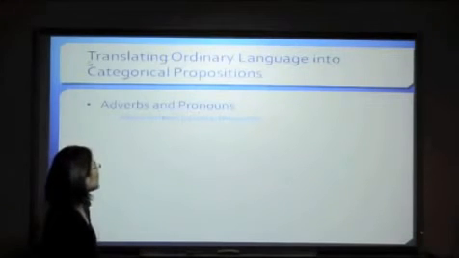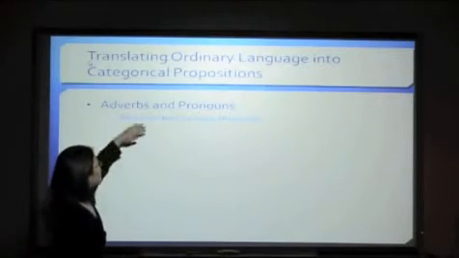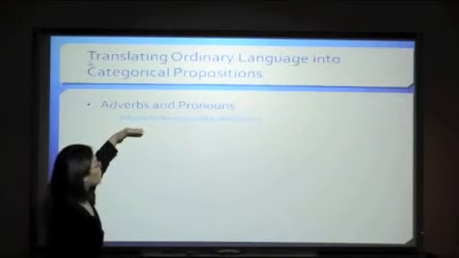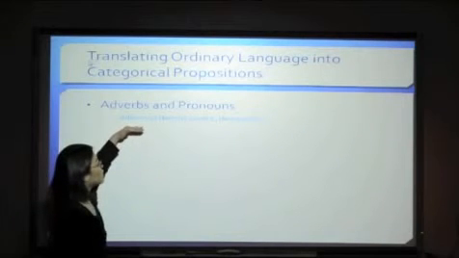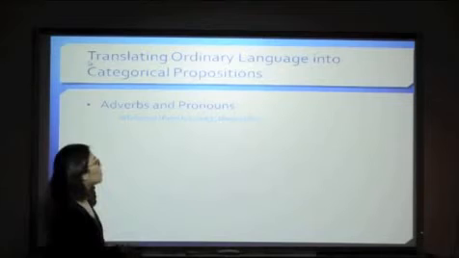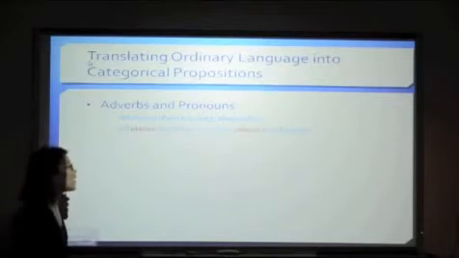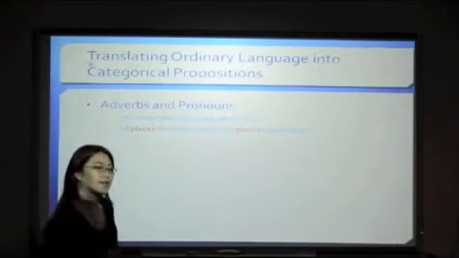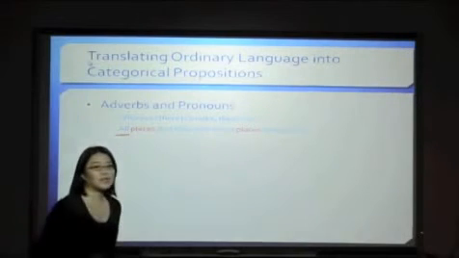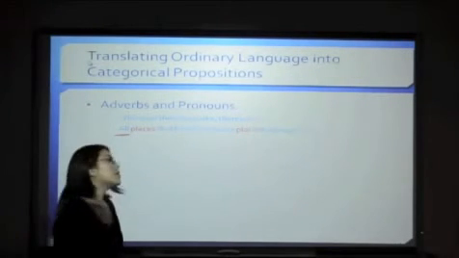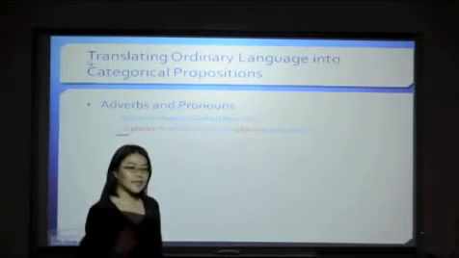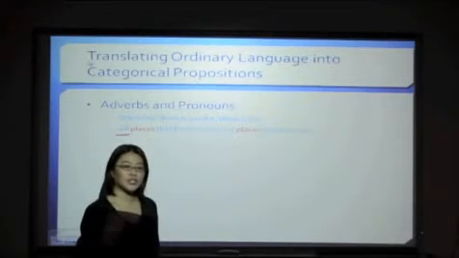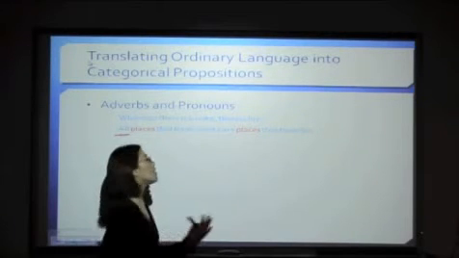Now, in these statements, when you have a non-standard adverb or a pronoun, okay, whenever there is smoke, there is fire, what you want to do is change that into all places that. If you have the pronoun nowhere, it's talking about no places, so you want to go ahead and change nowhere to no places, okay?